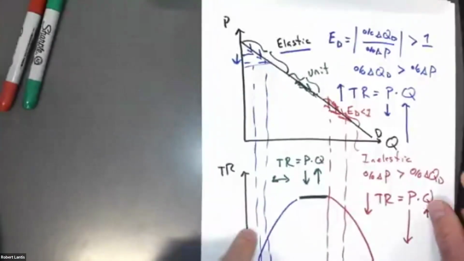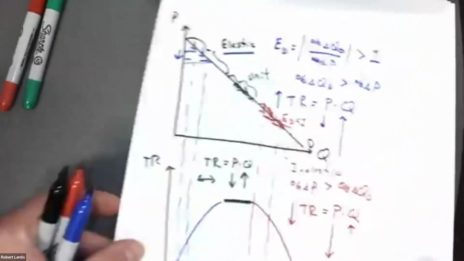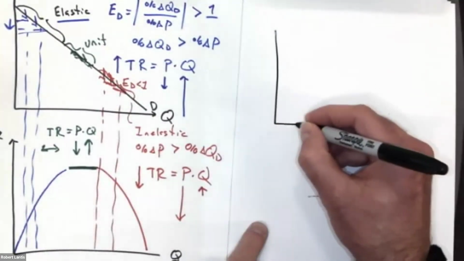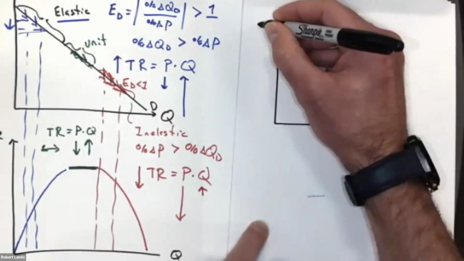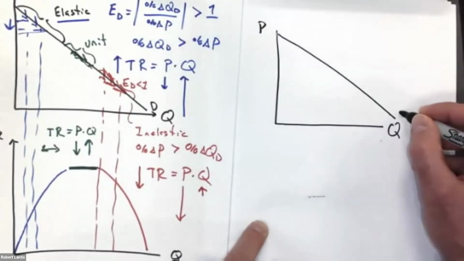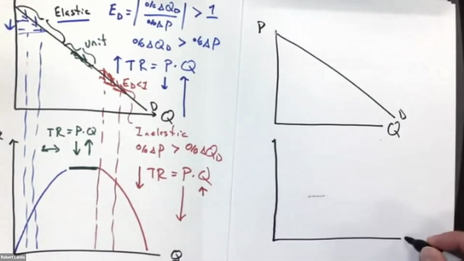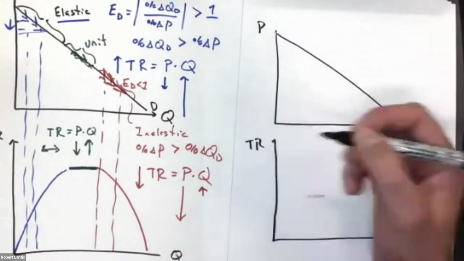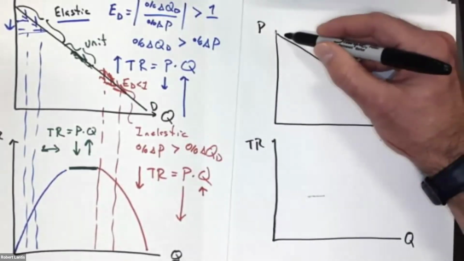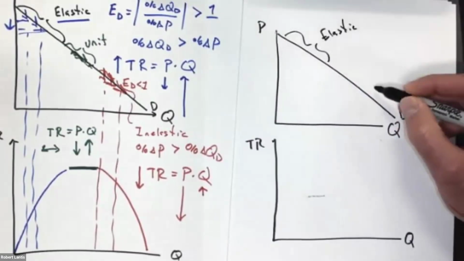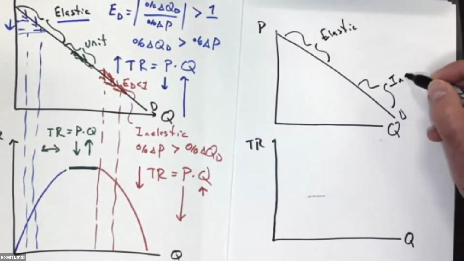Here's what I would be able to draw if I were you when it comes to the exam. And I'll draw it a little smaller so we can see everything. I would just very quickly say, okay, I know the relationship here between price and quantity: when demand is elastic, and the lower portion of the demand curve is inelastic.